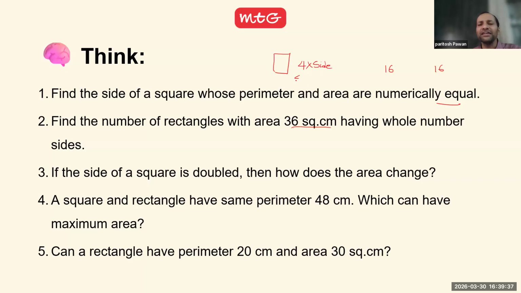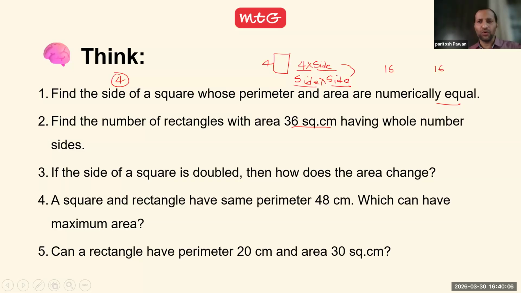And area is side into side. I'm saying both are equal, so side into side equals 4 into side. It means the side will be 4. If the side is 4, the perimeter will be 4 fours, 16, and the area will also be 4 fours, 16. So in that case, the side will be 4. Is it clear? Anyone has any doubt in this first question?